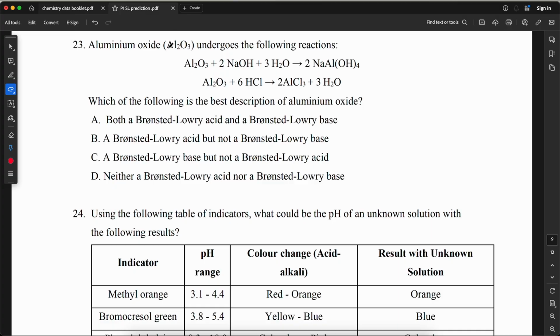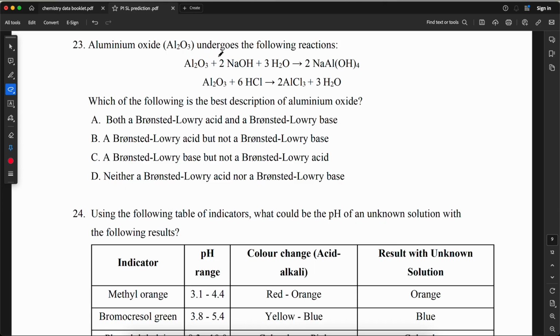Aluminum oxide undergoes the following reaction. Okay, aluminum oxide reacts with a base and then an acid. Which of the following is the best description of aluminum oxide? In this reaction, when aluminum oxide as an acid reacts with a strong base, there is no proton transfer.